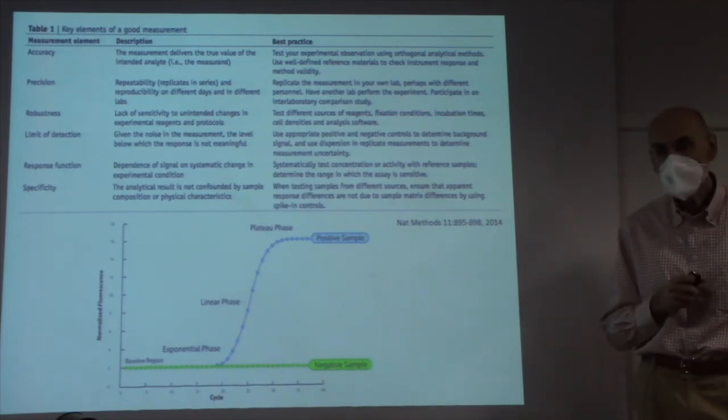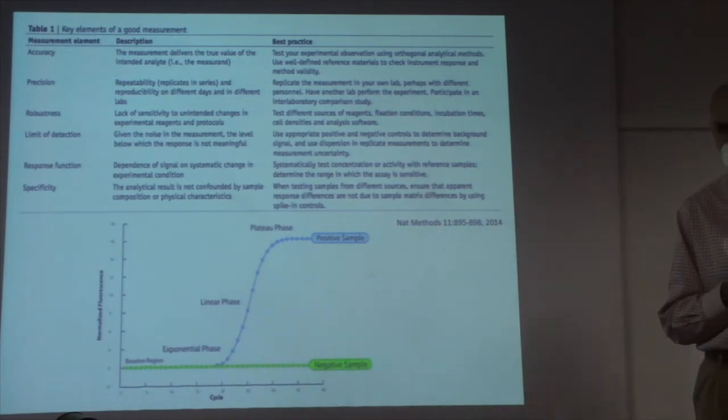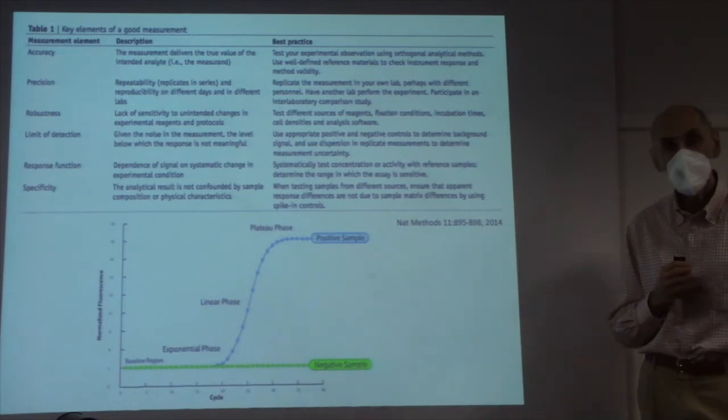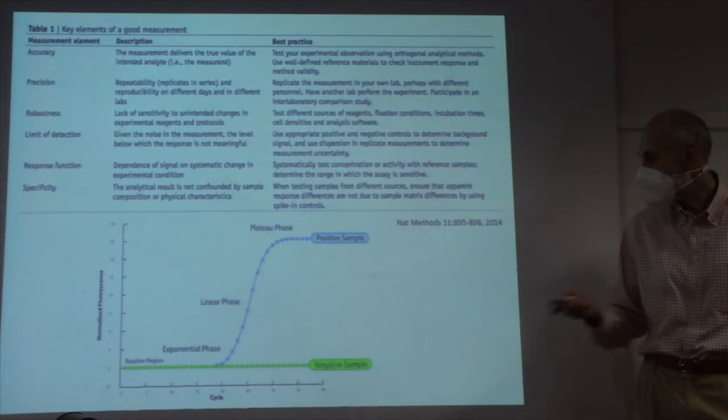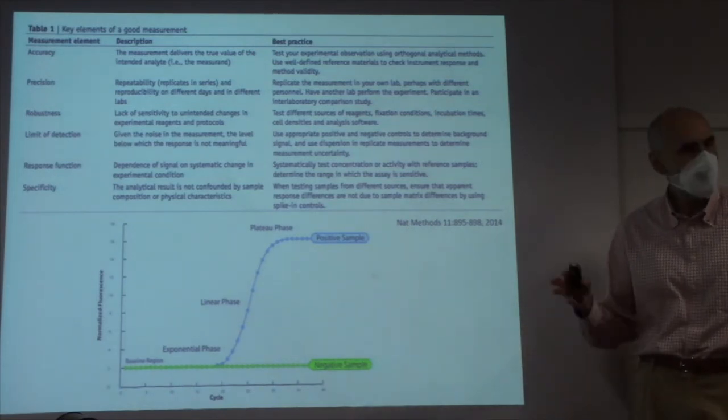Or much more important, you might have inhibitors of the PCR reaction, so that the reaction is much less efficient. And if you compare it and you don't know about that, for example, because you extracted your starting material, your DNA, from a dirty sample.